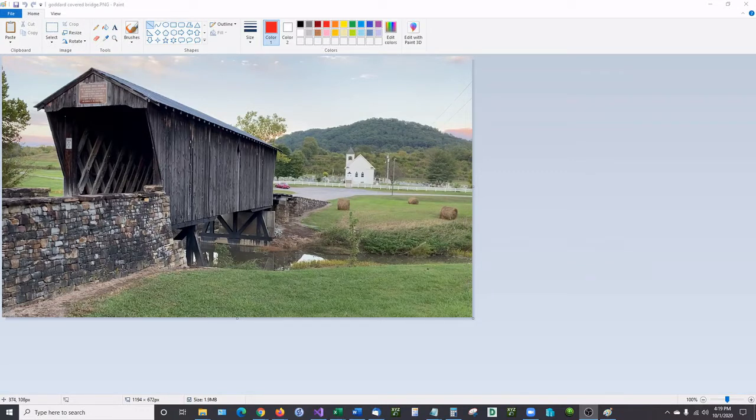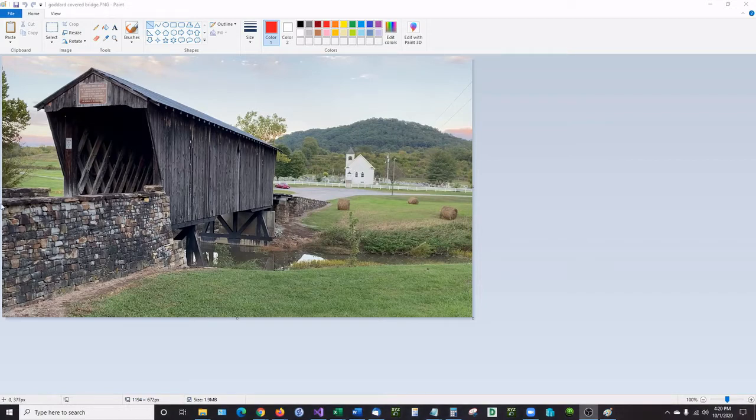In this image, you can see that it's a bridge and you have a lot of straight lines. Your eye is automatically led back to the church in the background. But why is that? The reason is the vanishing points and perspective.